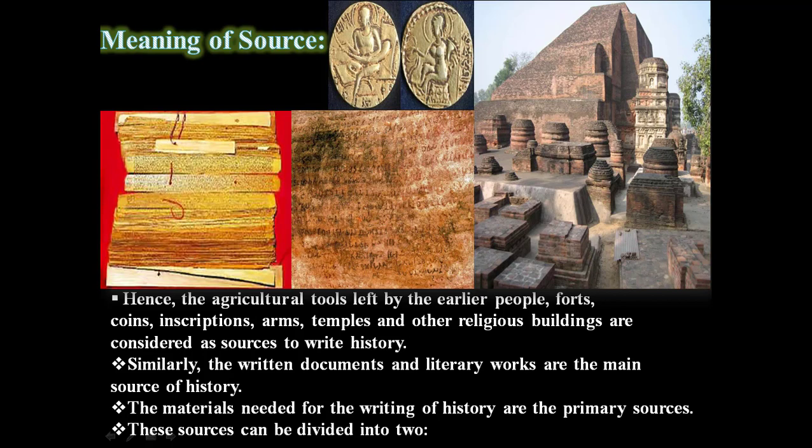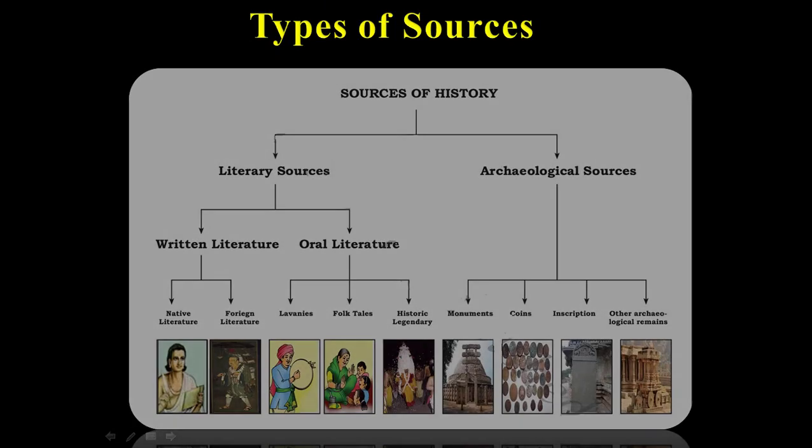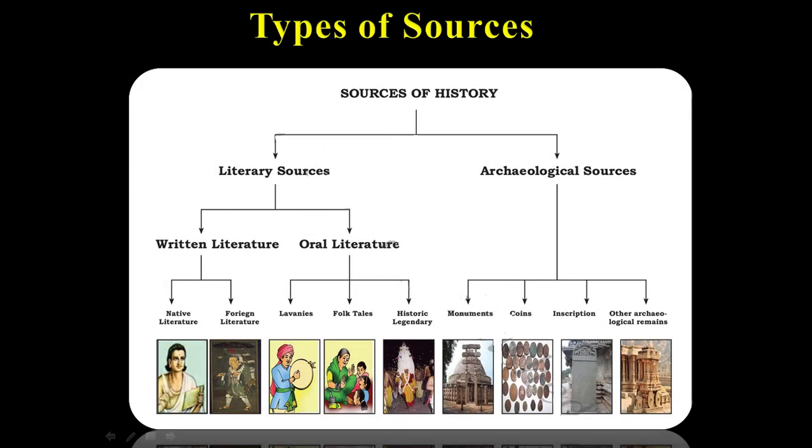So the available sources are mainly divided into two types. Generally, the types of sources are classified as literary sources and archaeological sources.